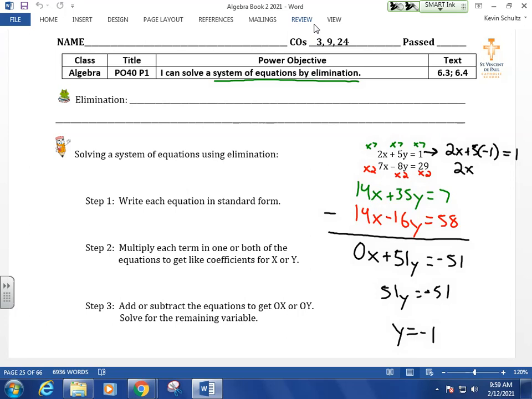Or 2x, 5 times negative 1 is a negative 5, equals 1. Add 5 to both sides. 2x equals 6, and x equals 3.